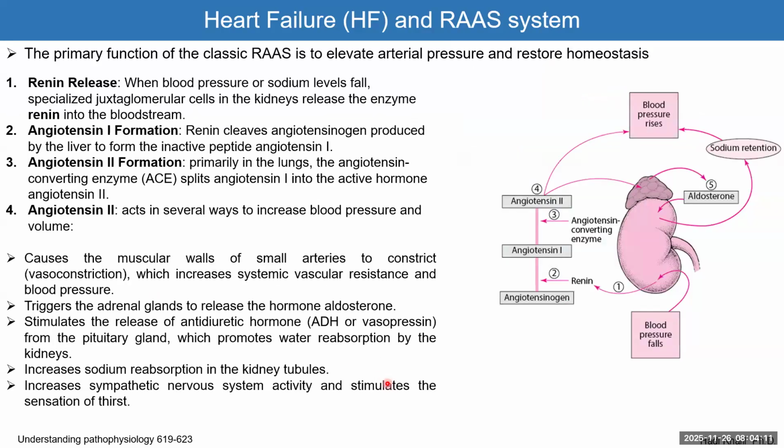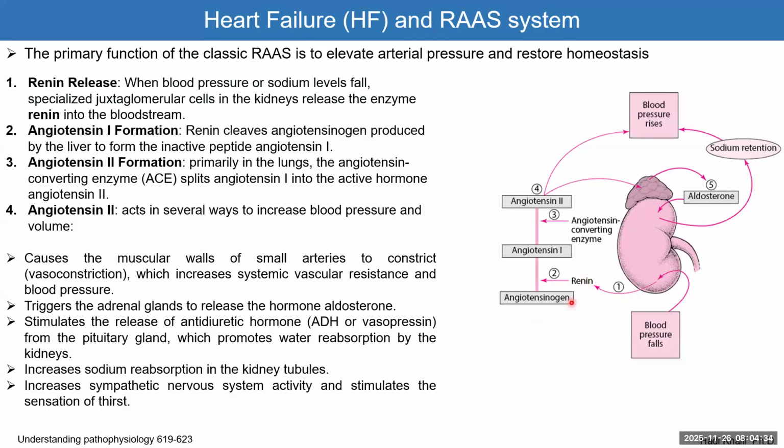So if I go to the next slide, I wrote this down extensively for you. Renin is released. So we have now a situation where the blood pressure is low. This is detected in the kidneys, and it releases renin.